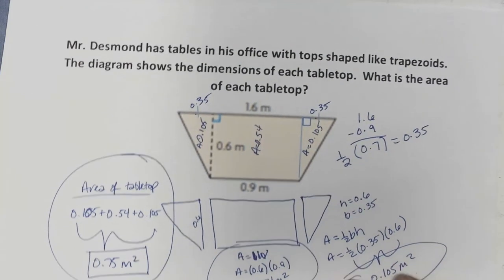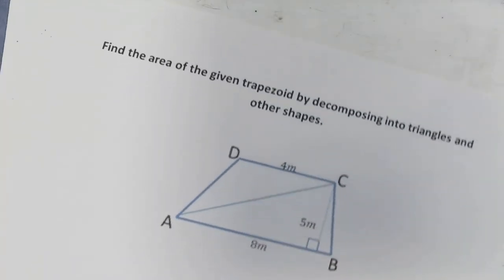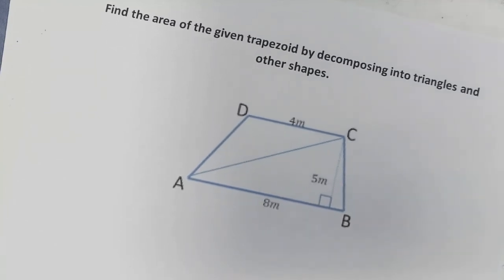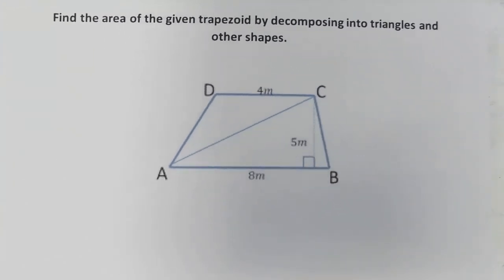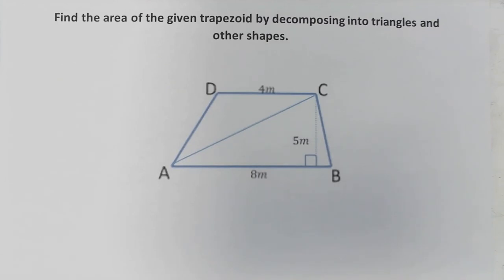I want you to find the area of the given trapezoid by decomposing it into triangles and other shapes. So how can we decompose this trapezoid into triangles and other shapes? Okay, good. I see that too. This one can be decomposed into 2 triangles. Good catch.